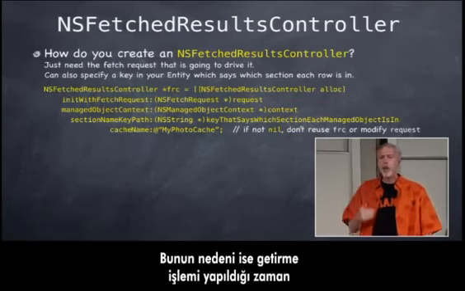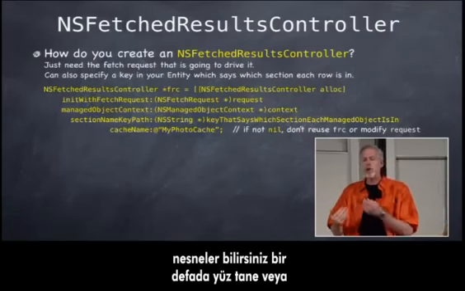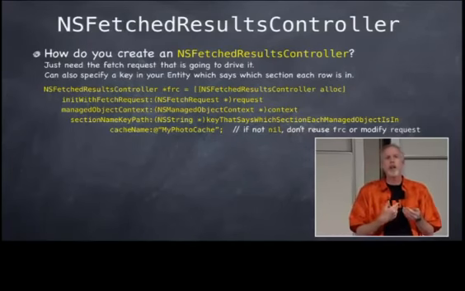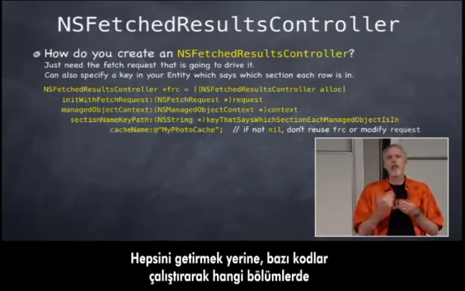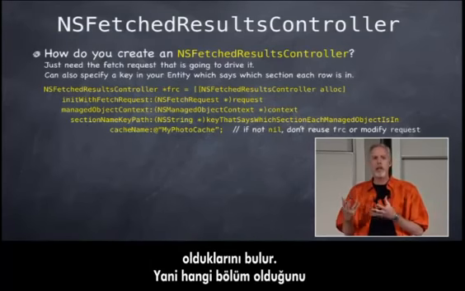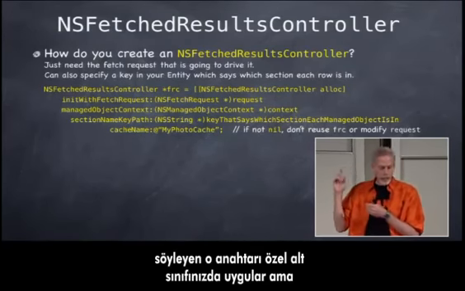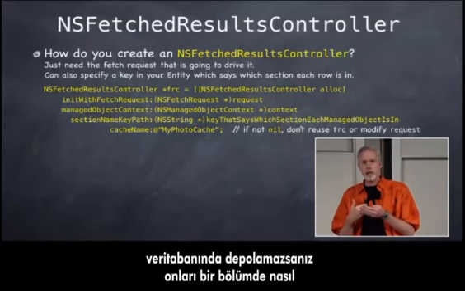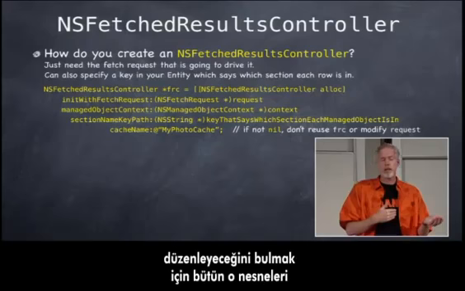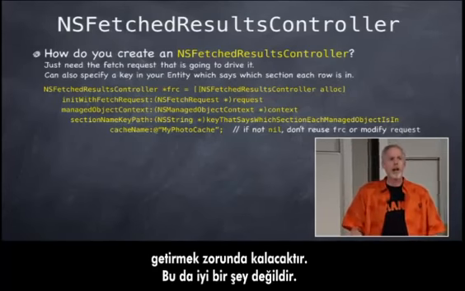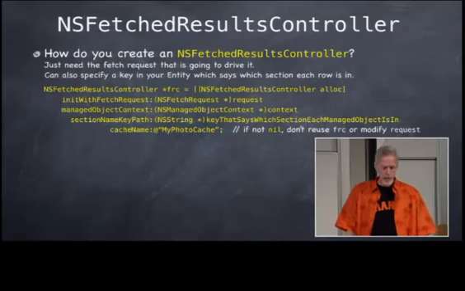The reason is that when it does the fetch, it can fault the objects in, 100 at a time or whatever, because it knows what section they're in on the database side, instead of having to fault them all in, run some code, and figure out what section they're in. So if you implement that key in your custom subclass and don't store it in the database, it's going to have to fetch all those objects to find out how to arrange them in sections. That's not so good.